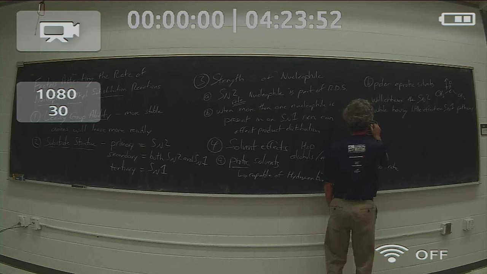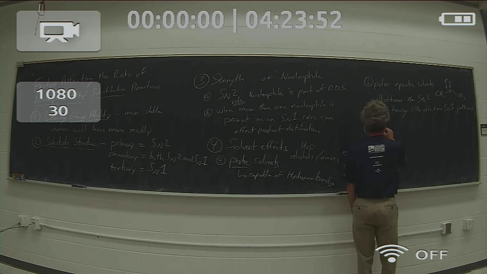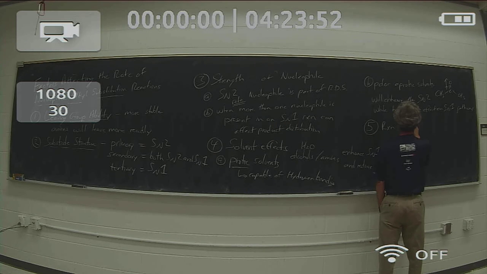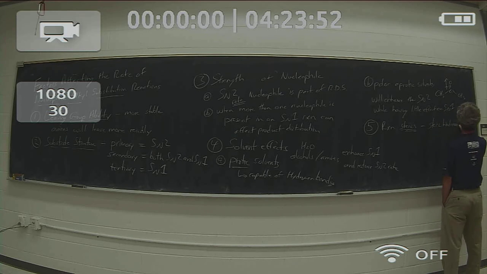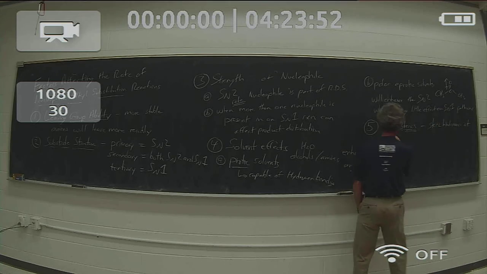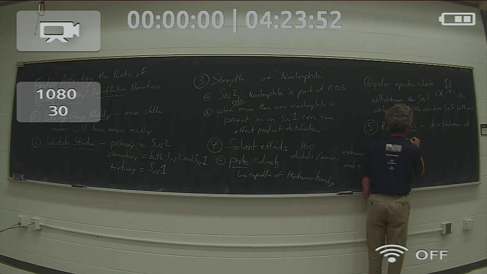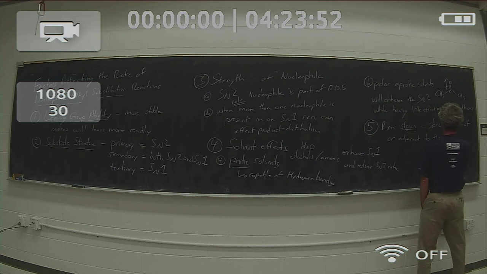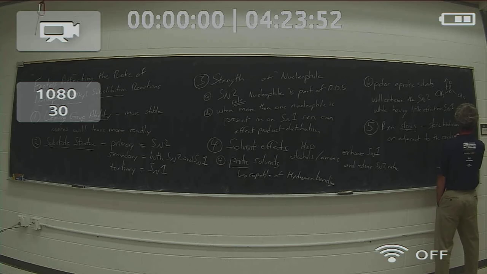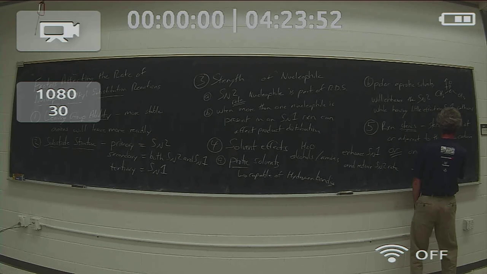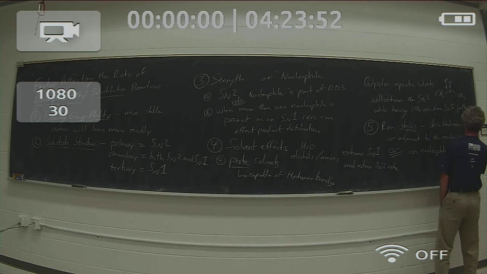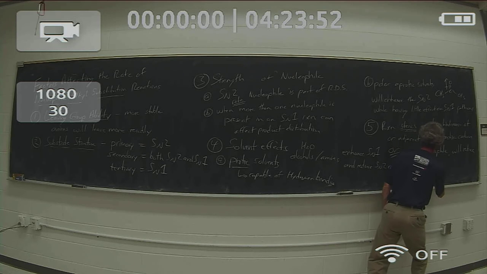And then the fifth important factor is reaction sterics, where we find that steric hindrance at or adjacent to the reactive carbon or on the nucleophile itself will reduce the SN2 reaction rate.